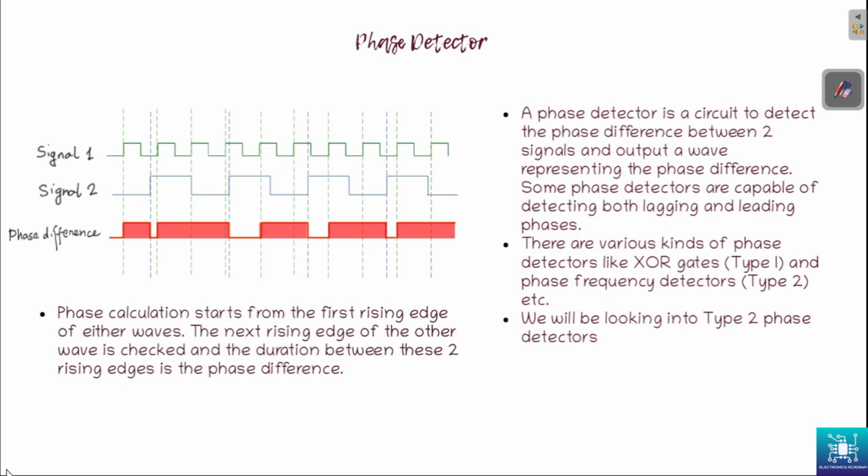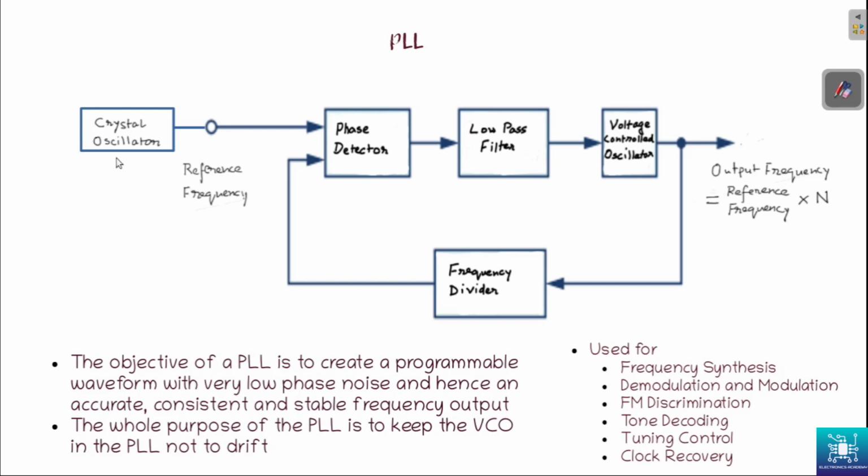Now, what does the phase detector do? Let's assume that in the PLL here, we have 2 signals going in. One is the steady signal from the crystal oscillator. Another one is the signal that the voltage controlled oscillator outputs, goes through a frequency divider and goes back to the phase detector. So we have two signals coming here.